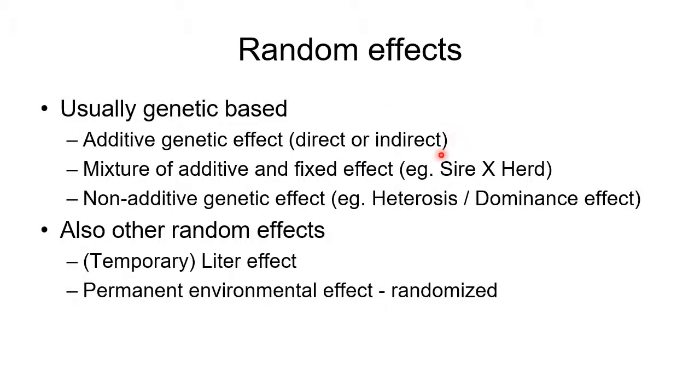Indirect, that would be the additive effect or additive value of the mother, her effect on the growth of the calf. So it can be direct or indirect. It can also be a mixture of additive and fixed effects, like the inclusion of sire by herd in your models to account for the possibility of re-ranking over contemporary groups, or a so-called genetic by environmental interaction.